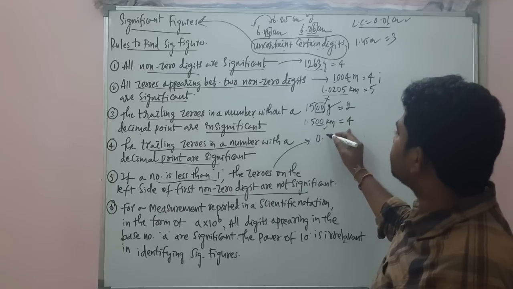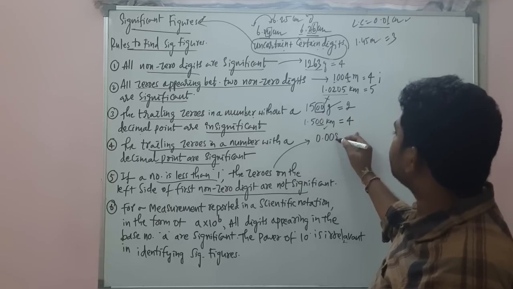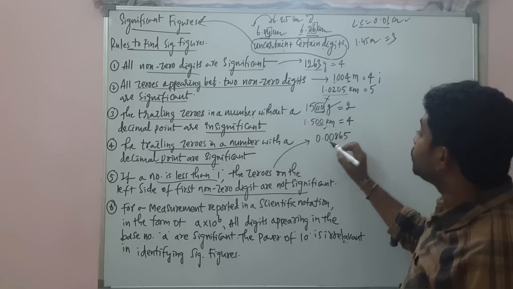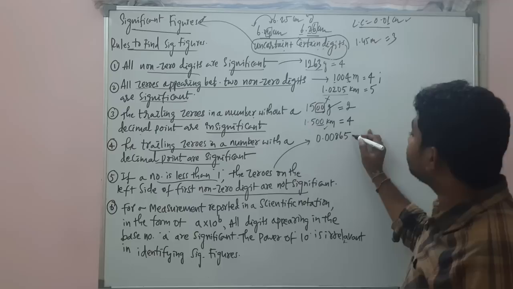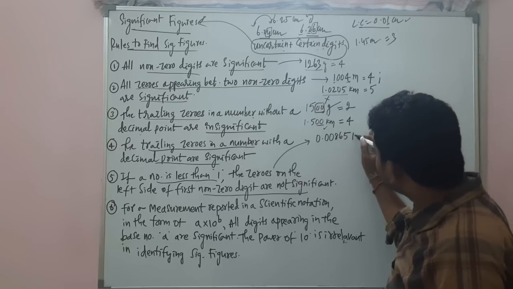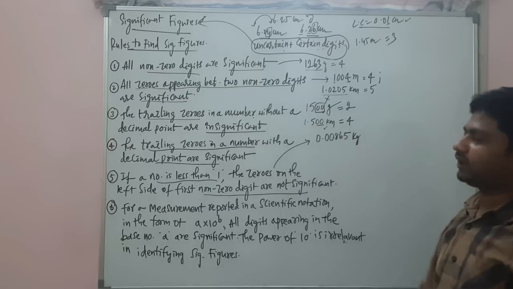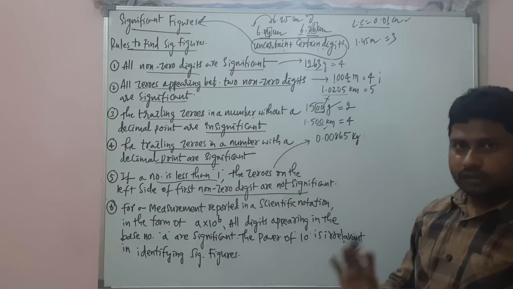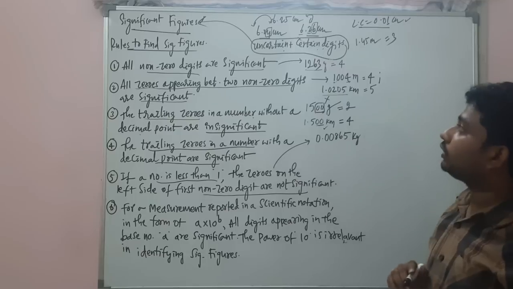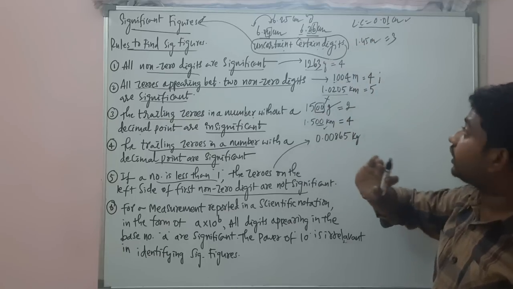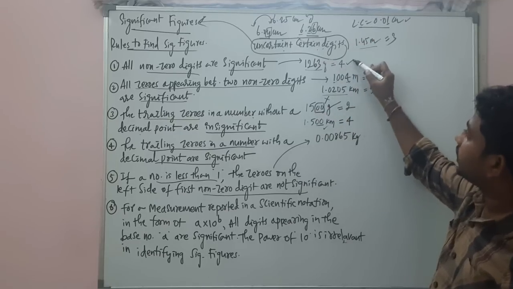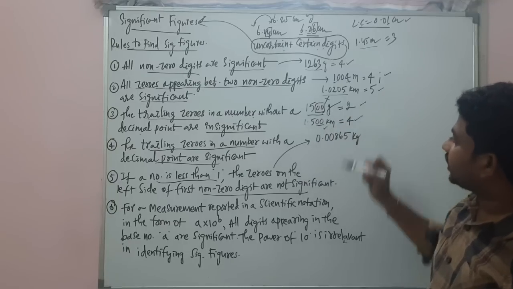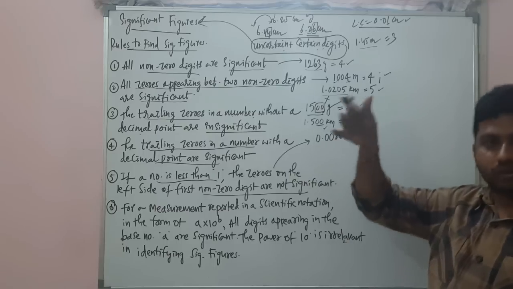So the number is 0.00865 kilogram. No confusions. This is a measurement. This is a number less than 1. See, nowhere else have we taken a number less than 1. Here it is greater than 1, greater than 1. This is what I am talking about. So 1.500 is greater than 1.